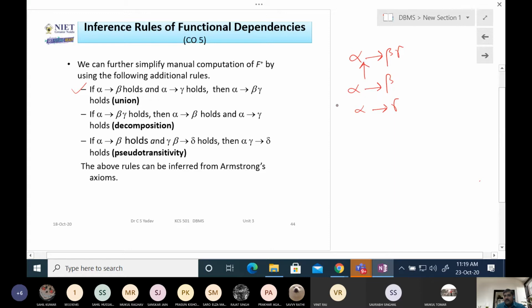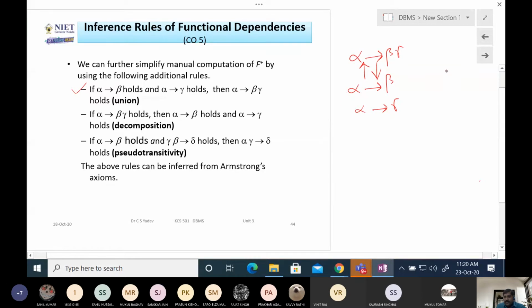This is called the union rule. And if we have this functional dependency, alpha determines beta gamma, and from it we get alpha determines beta and alpha determines gamma, then this is called decomposition. That's why I am saying that decomposition is the reverse process of the union rule.